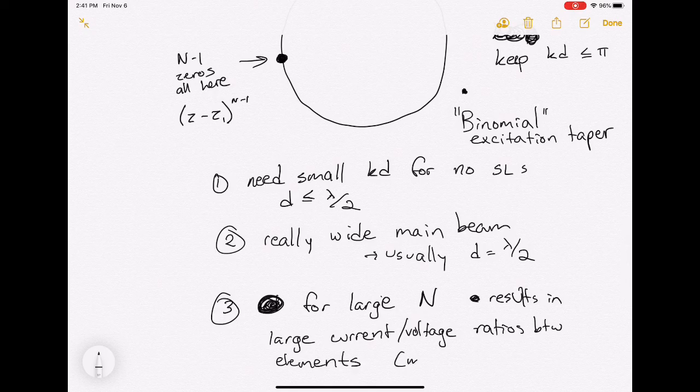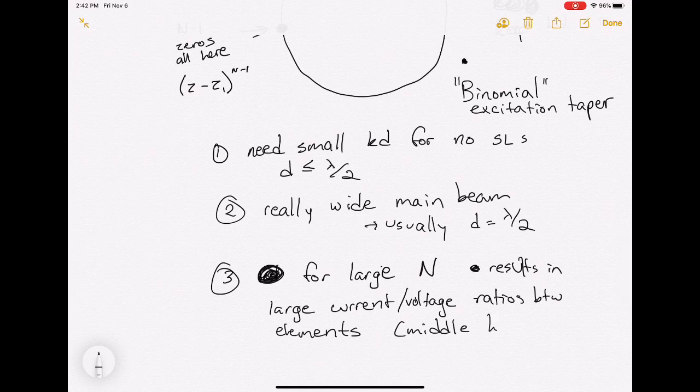Like the middle might have a really large voltage, while the edges have a really small voltage.